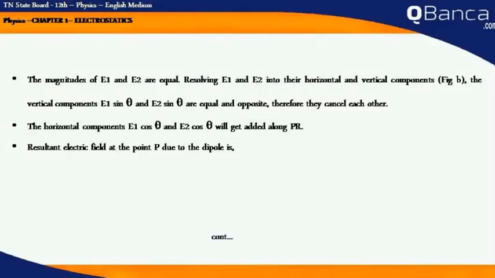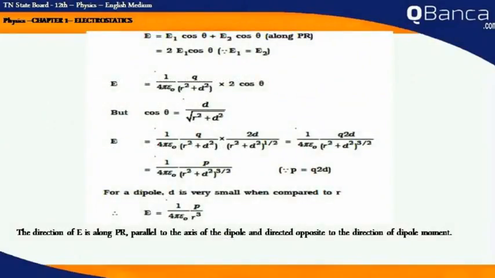The resultant electric field at a point P due to the dipole is E is equal to E1 cos theta plus E2 cos theta along PR, which will give 2 E1 cos theta, since E1 is equal to E2.